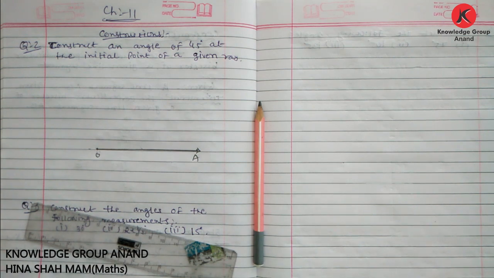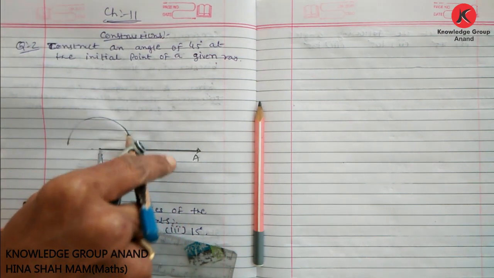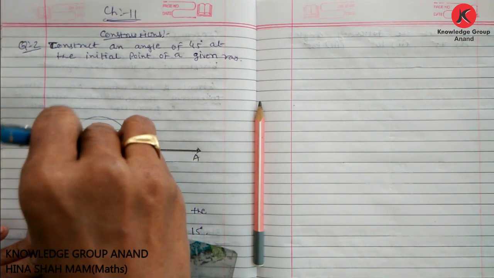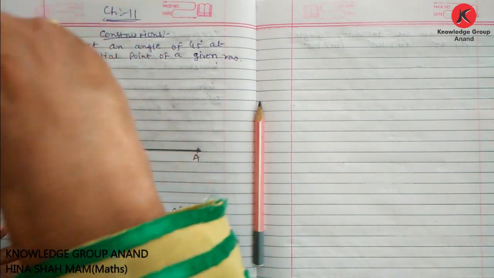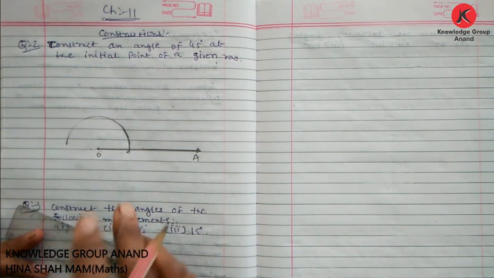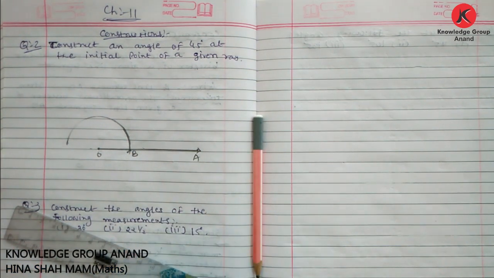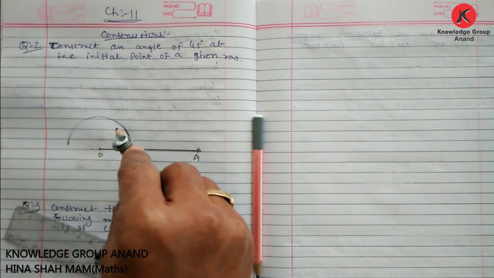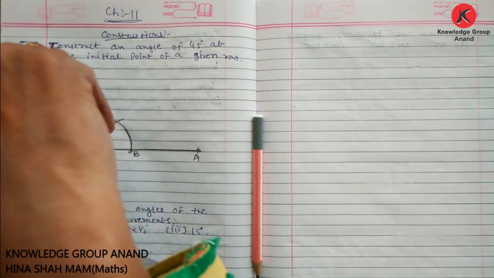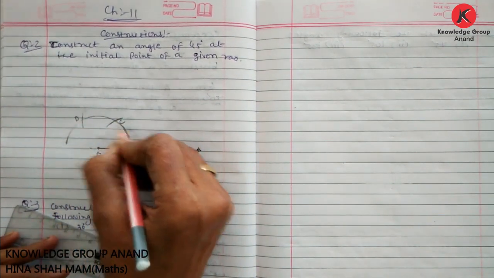Here, taking O as center, draw any arc with any radius which intersects at B. B as center with the same radius intersects at C, and D at 60.